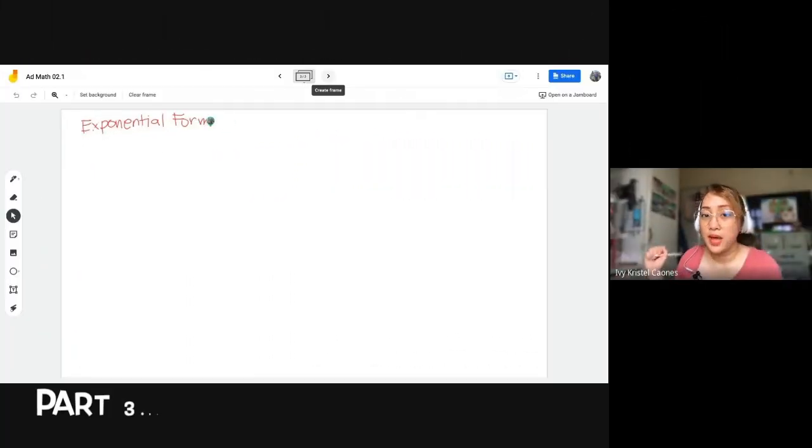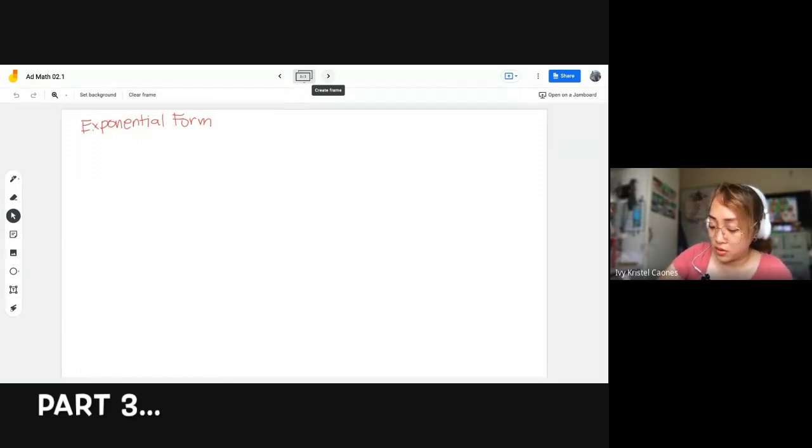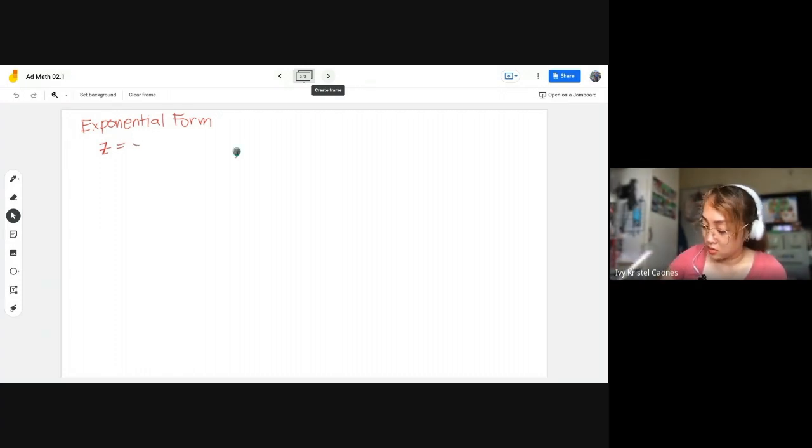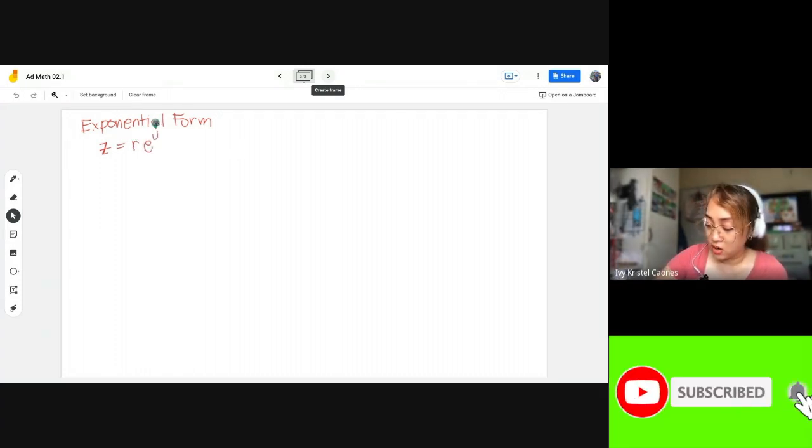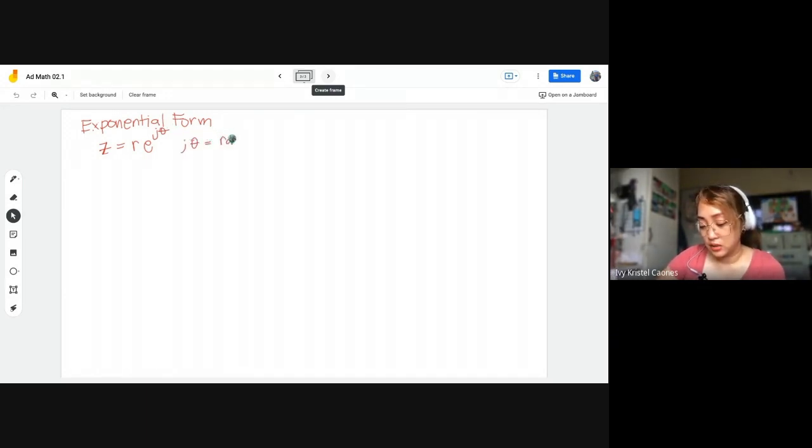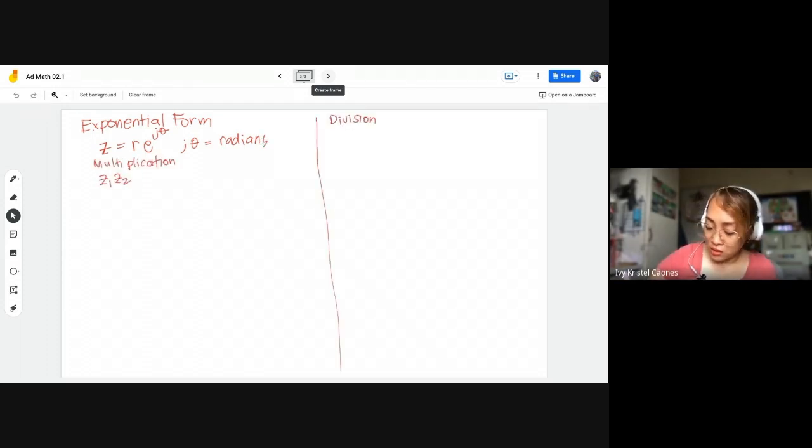Okay? If that will be exponential form, remember your z will follow r e to the j theta, where your theta is in radians. It will follow that multiplying z1, z2, if that will be in exponential form, it will be r1 r2 e to the j, theta 1 plus theta 2.